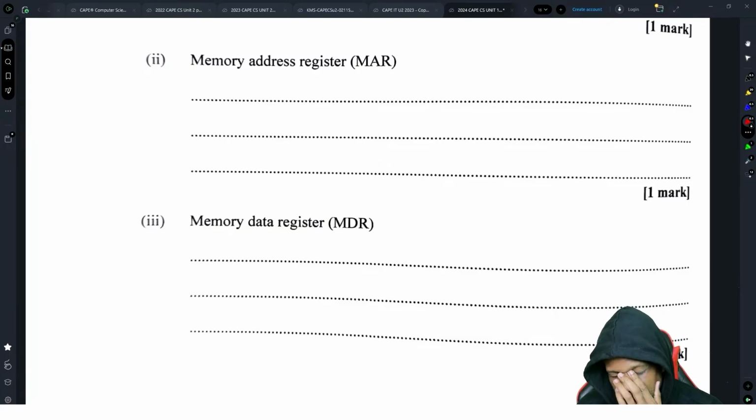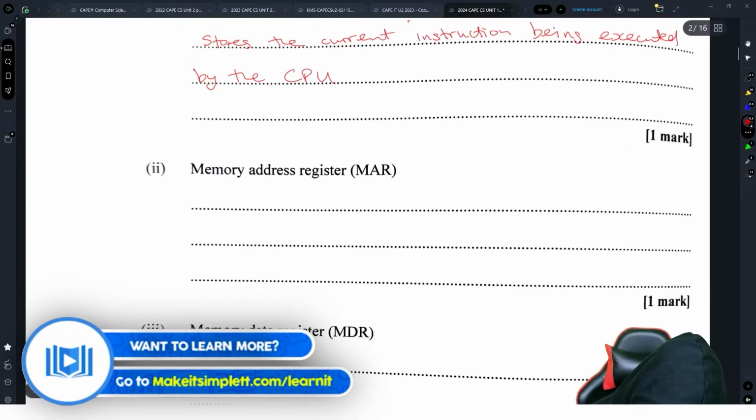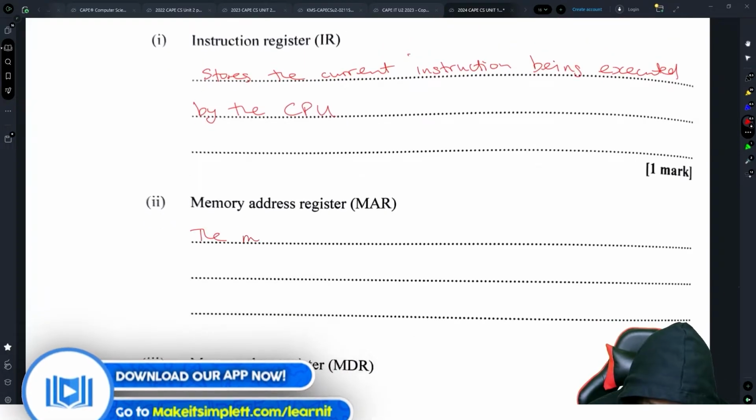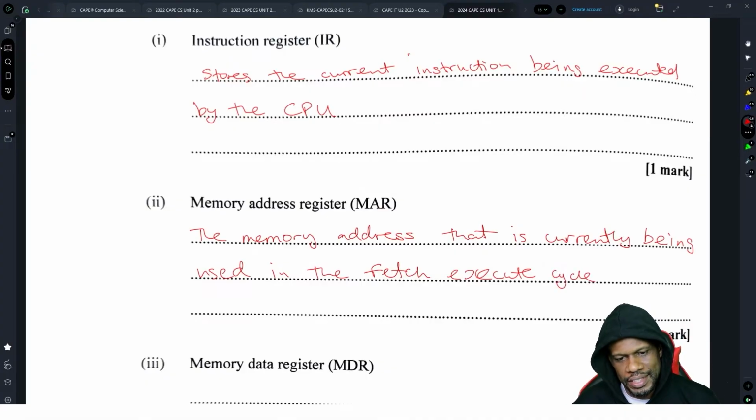Some computers don't have a MAR, they have an MDR. Alright, they put the memory address that is currently being used in the fetch-execute cycle. As I said, MAR and MDR are kind of different, but let me go with that now.